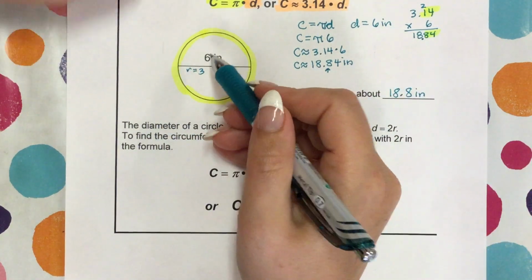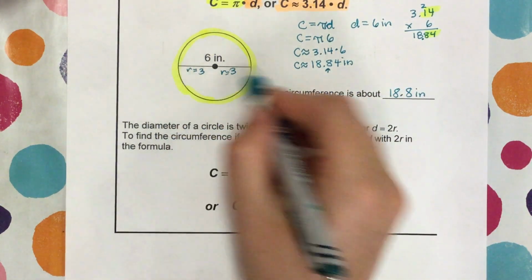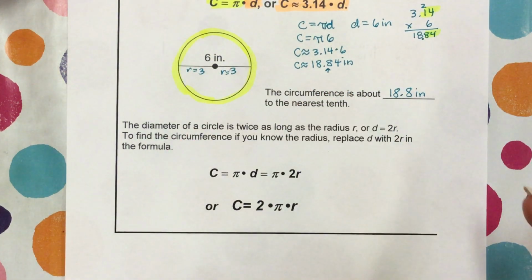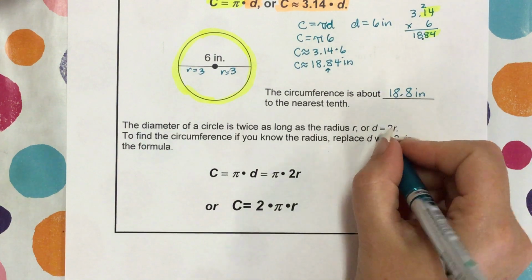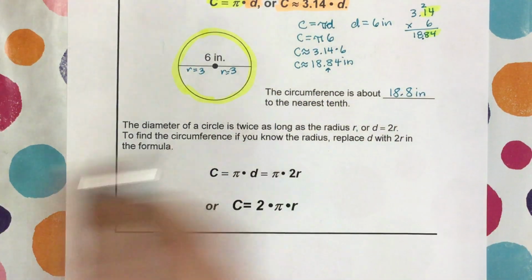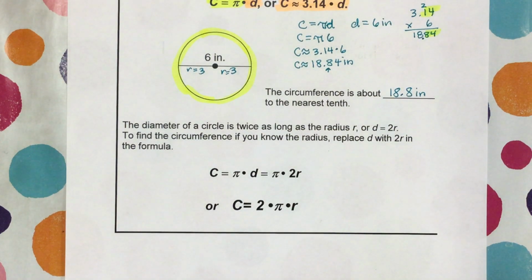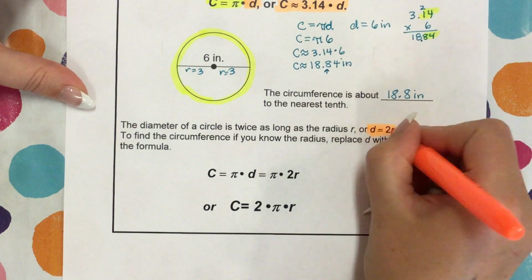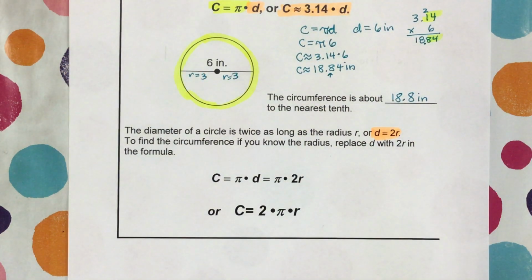That means the diameter is actually made up of 2 radii, one here and one here. So we can say that the diameter is equal to 2r.